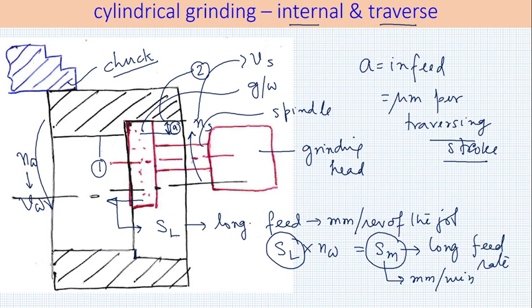Where is my cutting front? Cutting front is both at this particular surface as well as this surface. So there the cutting is going on. In the next class, for all the grinding classification that we are talking about today and in the last class, we will try to derive material removal rate for them.